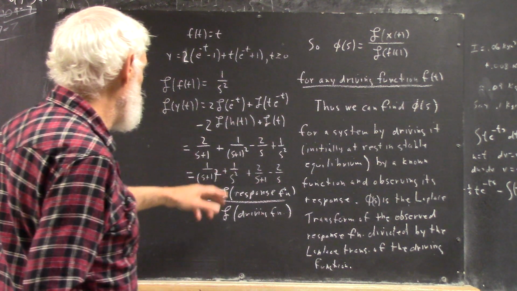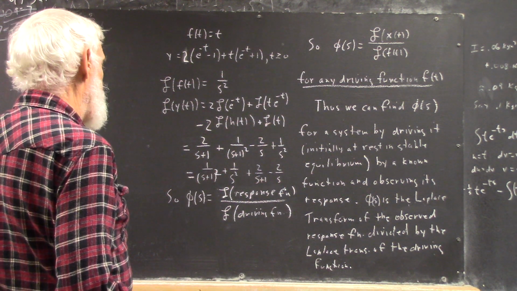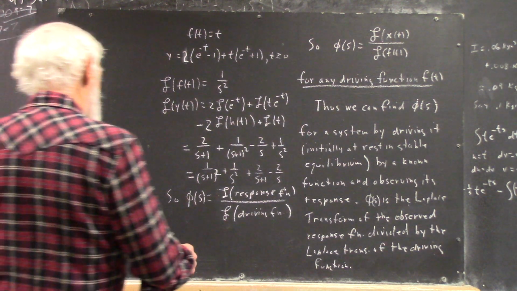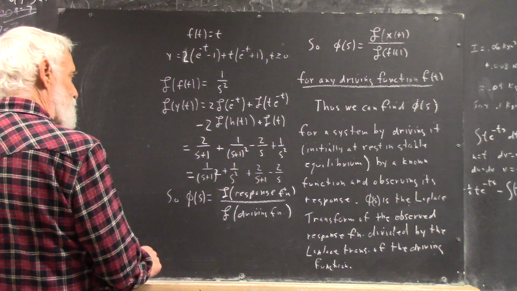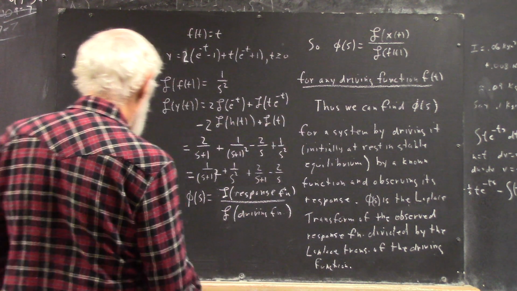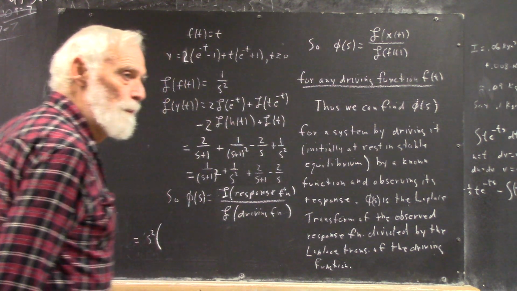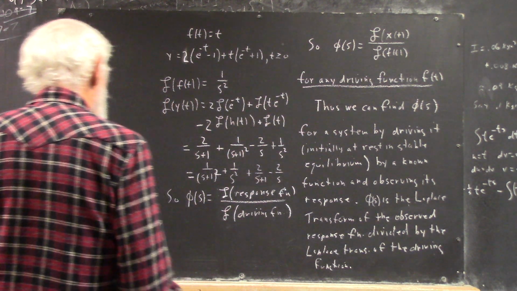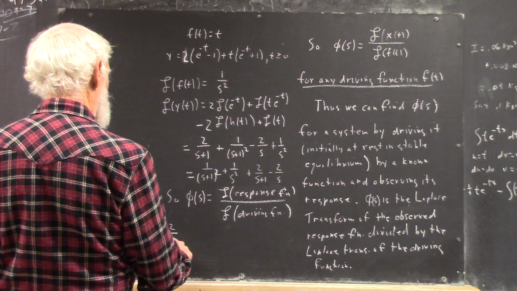It's going to be the response function divided by the driving function. Well, that's going to be the reciprocal of the driving function, which is s squared, times 2 over s plus 1.